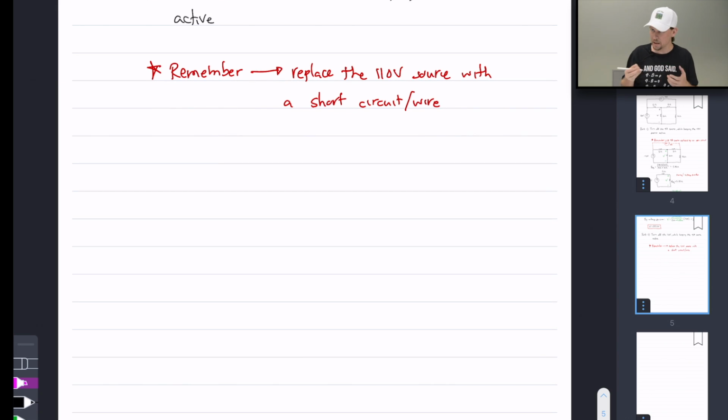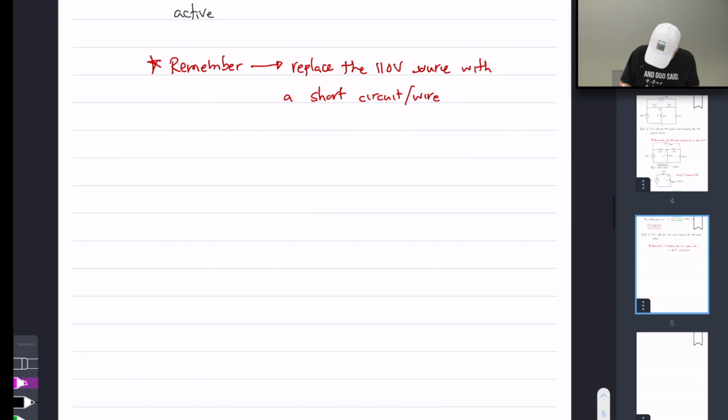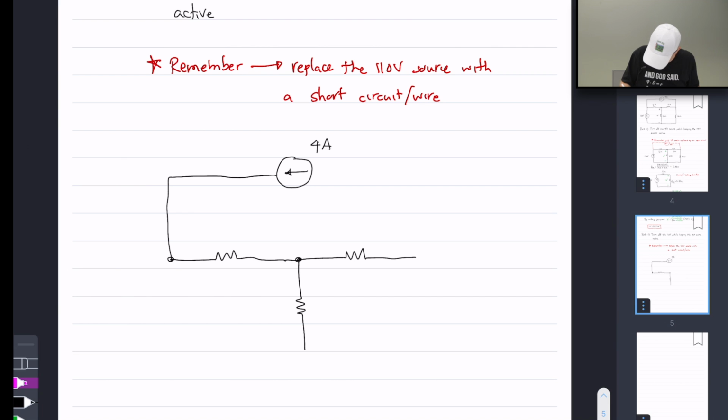So let's go ahead and redraw the entire circuit diagram with this done. So I've got my 4 amp source that's left active up here. Down here we have 1 resistor there, 1 resistor there, 1 there, and lastly there's 1 last resistor here.